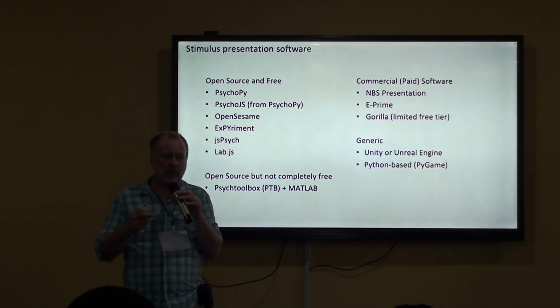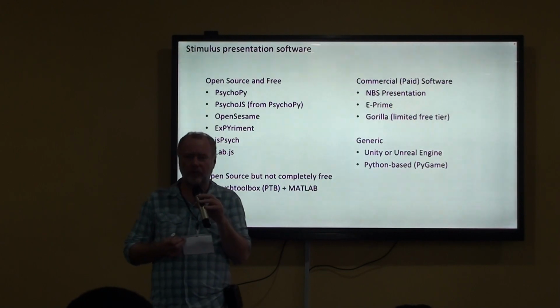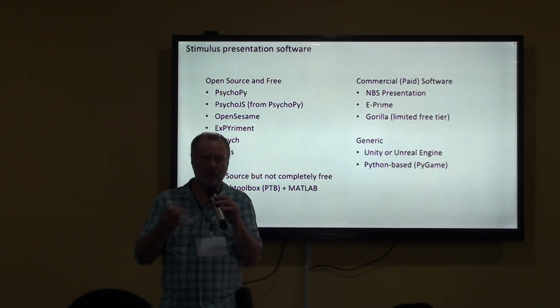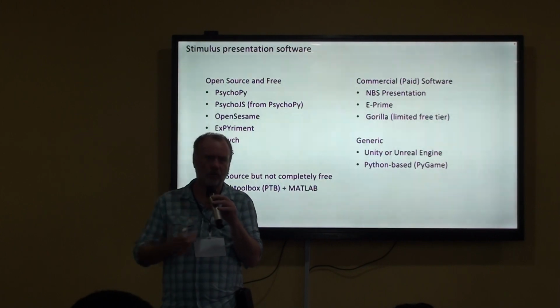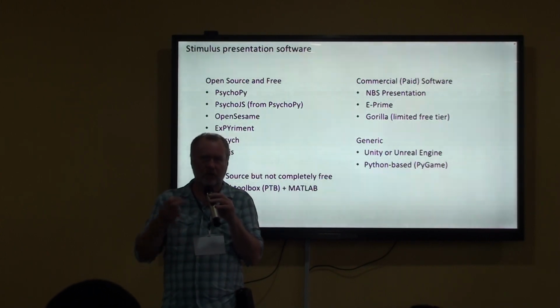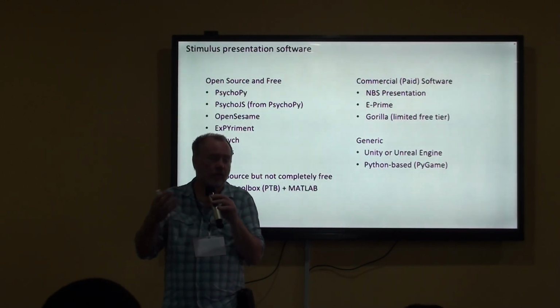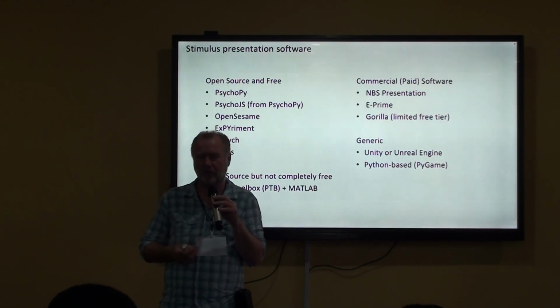An important characteristic of this software is that it has to be very precise in the timing. That is where a lot of the components that it uses are borrowed from gaming engines. Gaming programming environments such as Unity or Unreal Engine can also be used to program experiments.